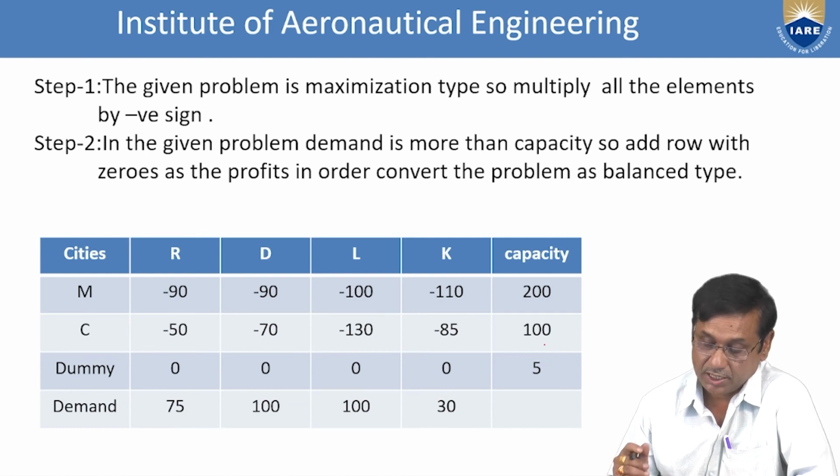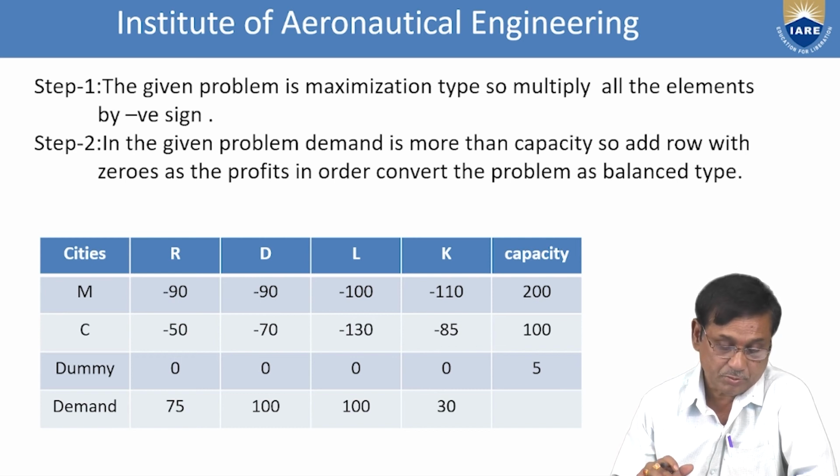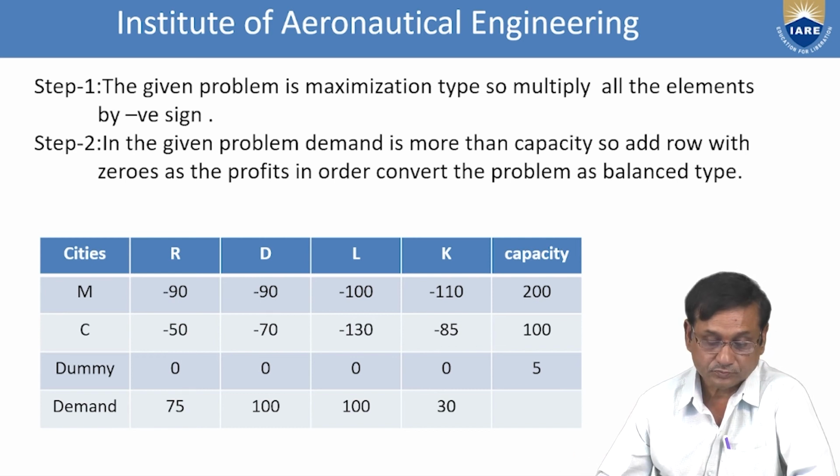First of all, I have to make capacity equal to demand. If the capacity is not equal to demand, then it is not possible to find the solution. So for that purpose, I added a row. Then I multiplied all the elements by a negative sign in order to convert the maximization problem into minimization.